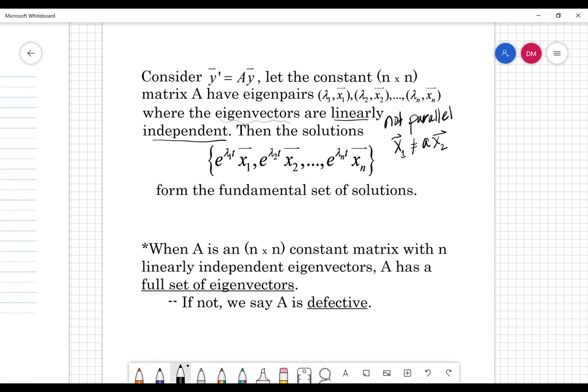This was the part I mentioned yesterday: when we find solutions for our eigenvectors, we may get eigenvectors, you and I, that are scalar multiples of one another. And that is okay.